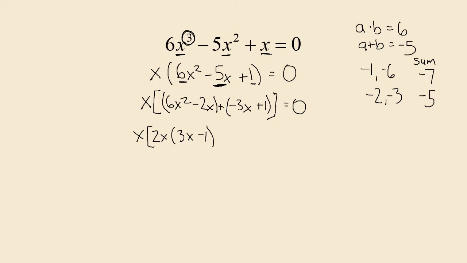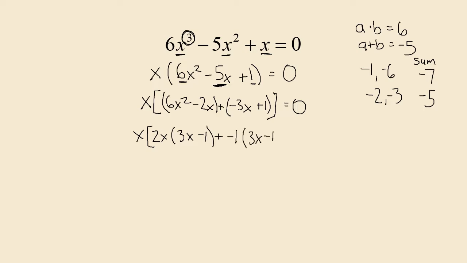I see that in the next parentheses, -3x and 1 are mutually prime. They don't have a greatest common factor. But we can always take a 1 out of any two numbers, so when we have nothing else to do, we'll take out that 1. And furthermore, since this is a -3, I'll actually take out a -1. So I'm going to take a -1 out of this second parentheses.